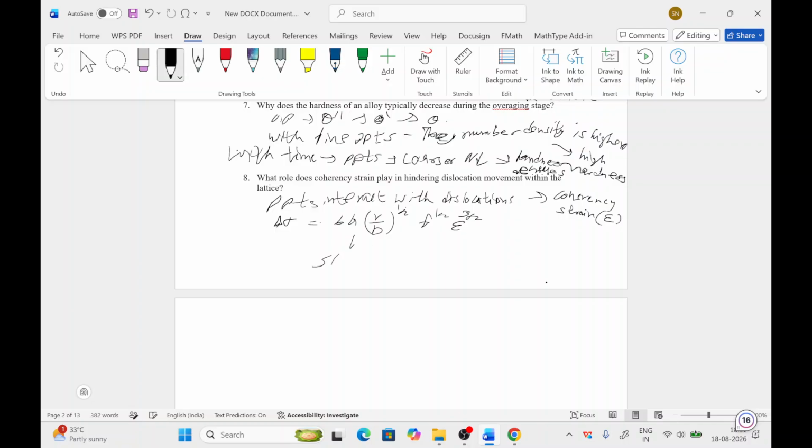G is the shear modulus, R is the precipitate radius, B is the Burgers vector, f is the fraction of precipitates, and epsilon is the coherency strain.